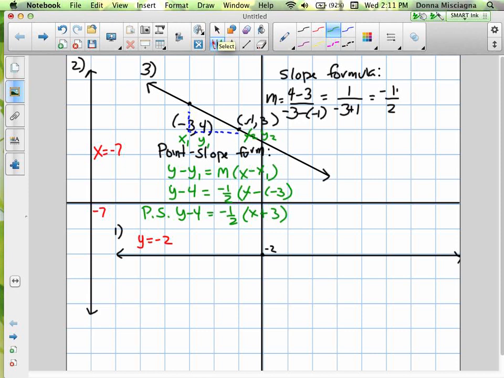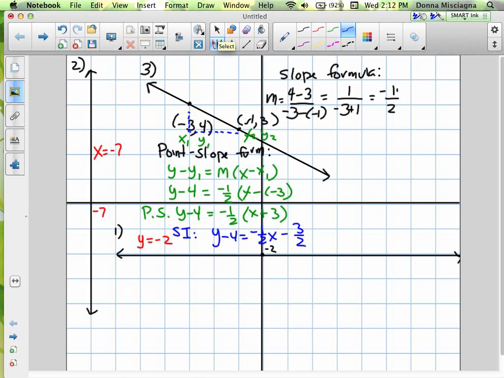So now to write my equation in slope-intercept form, I'm just going to simplify. So here's the equation in slope-intercept form. I'll just put SI for slope-intercept form. All right, so we're going to isolate y. First, I need to distribute the negative 1/2. Negative 1/2 times x is negative 1/2 x. Negative 1/2 times 3 is negative 3/2.